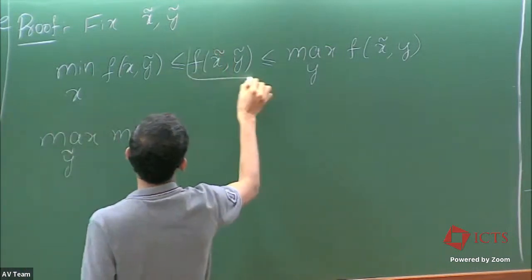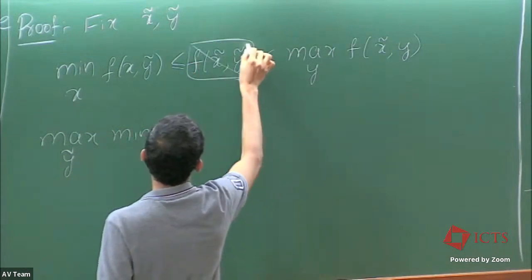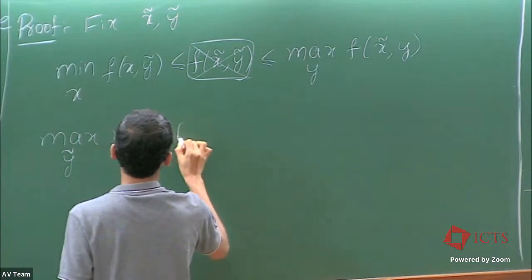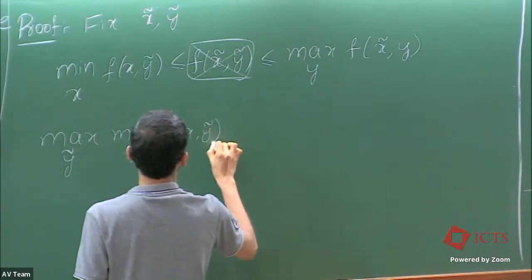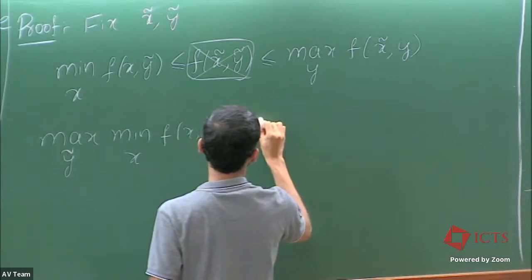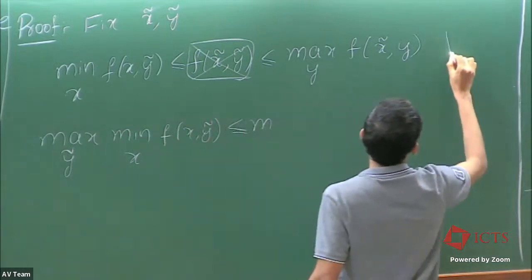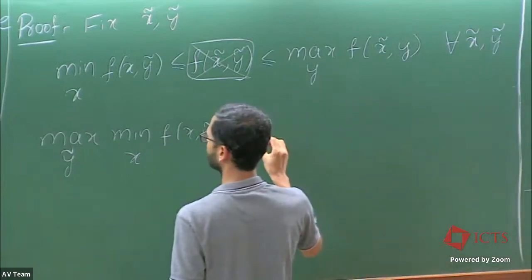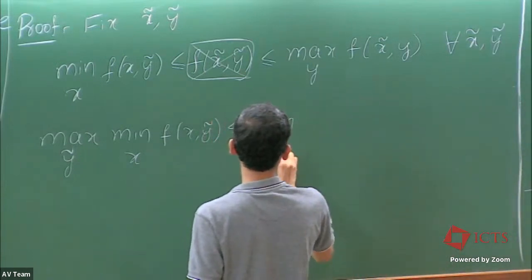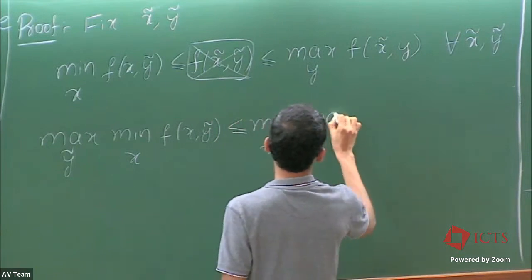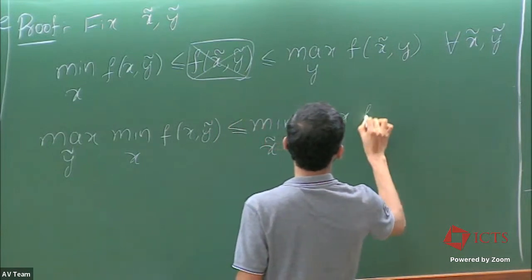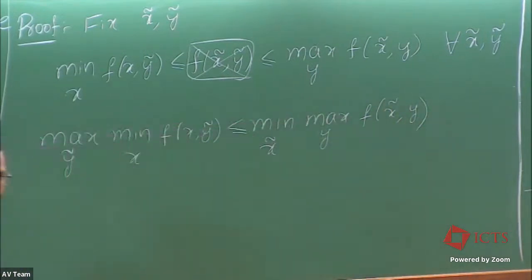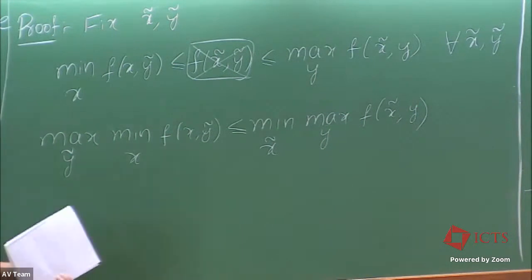Now we just remove this quantity and have this inequality. So weak duality always holds.